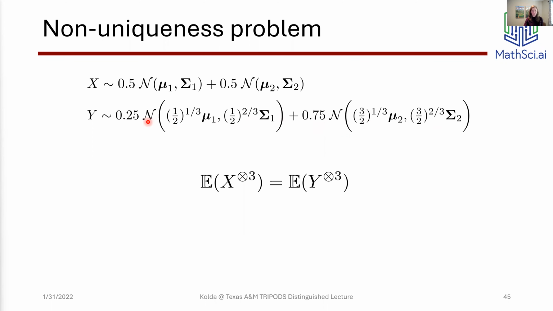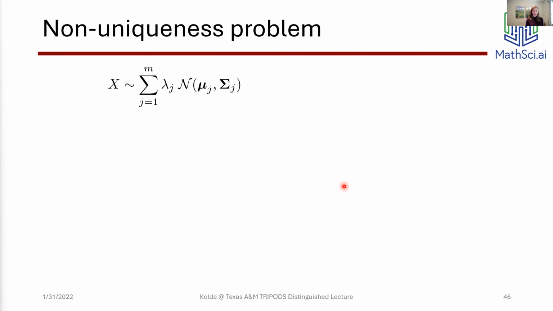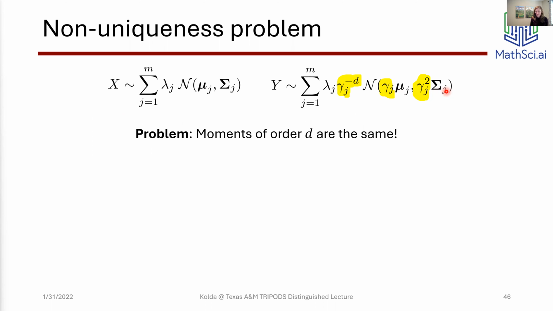So there is this funny little scaling you can do that makes the 3rd moments equal. The general formula for that is this thing here, where I can scale the lambdas by a gamma j to the d and then scale the mean and covariance appropriately. And so the moments of order d are the same.